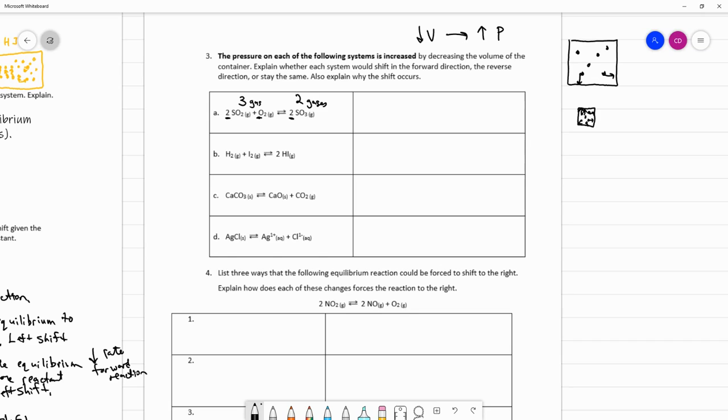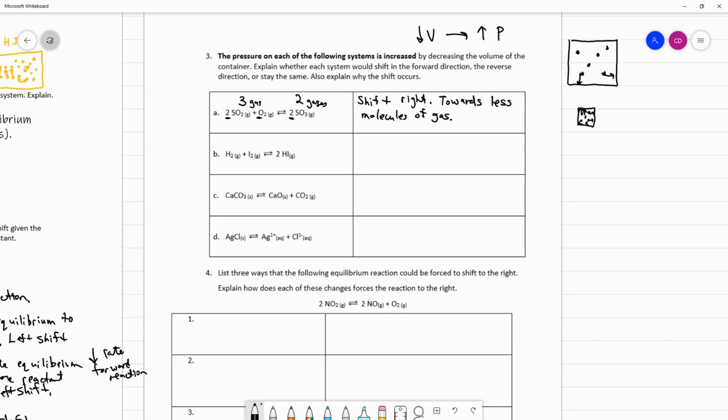The less gas there is in the system, the less pressure there will be. So if we increase the pressure, we're going to cause the reaction to shift right, which is towards fewer molecules of gas.